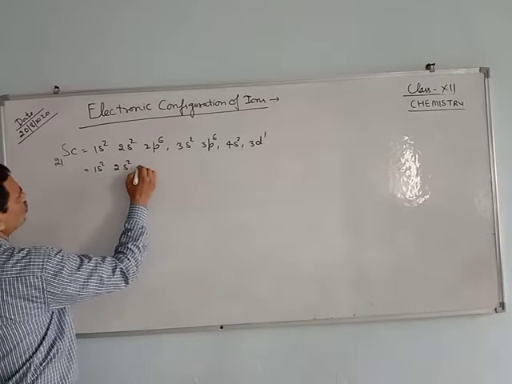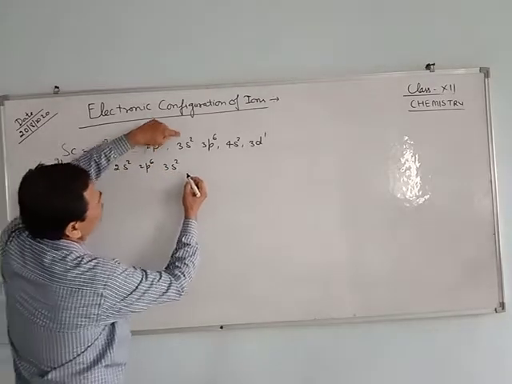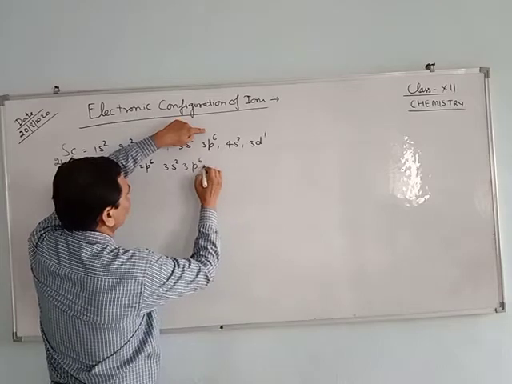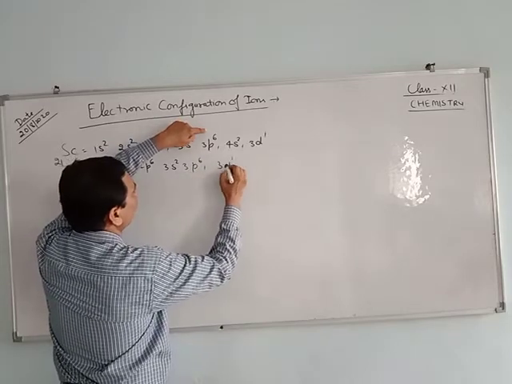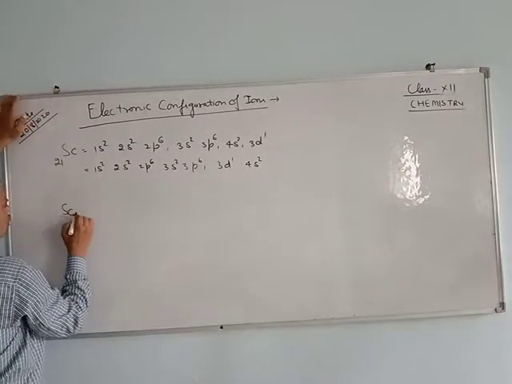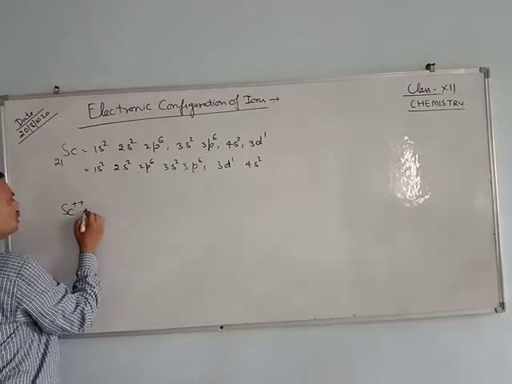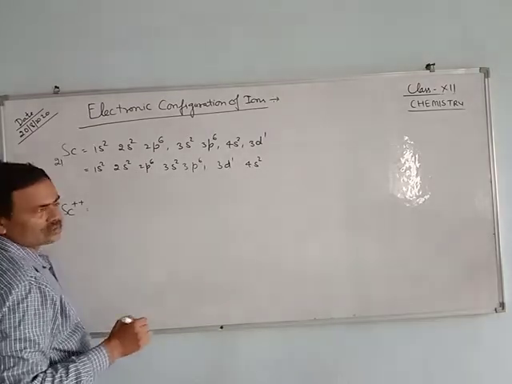Otherwise, most of the students give the wrong electronic configuration. Rearranged: 1s2, 2s2, 2p6, 3s2, 3p6, 3d1, 4s2. Suppose you have to write the electronic configuration of scandium plus 2. It means you have to remove 2 electrons.